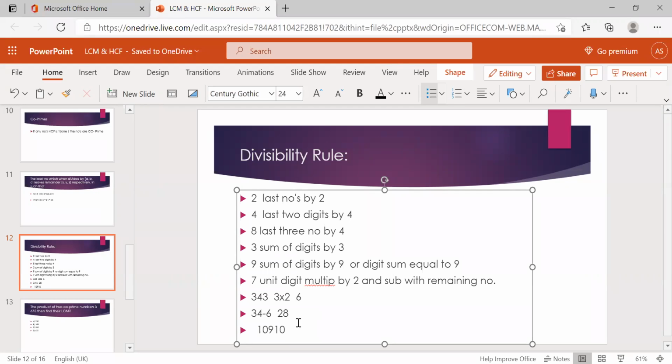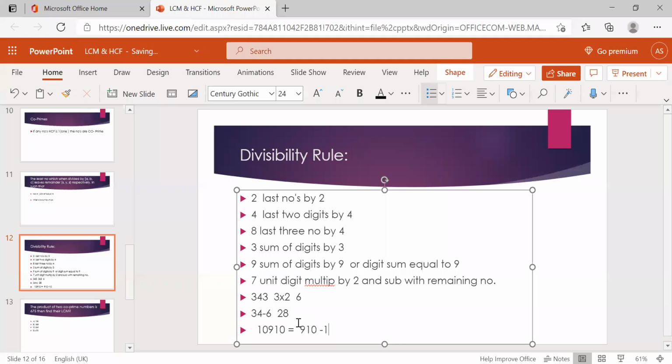If it is divisible by 7 or not, we have to find out. Normally we take the unit digit into 2, then subtract from the remaining number, right? So we can do it like this also. We take the last three digits, 910, minus the remaining number.